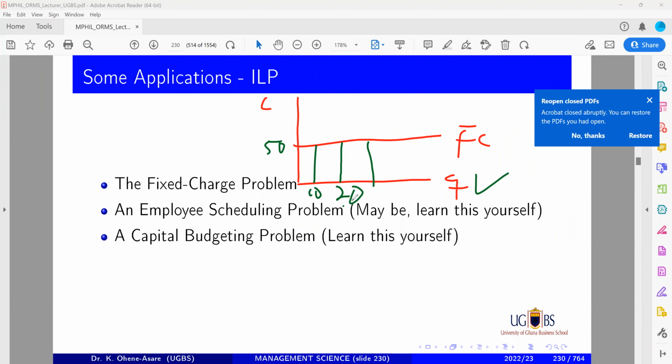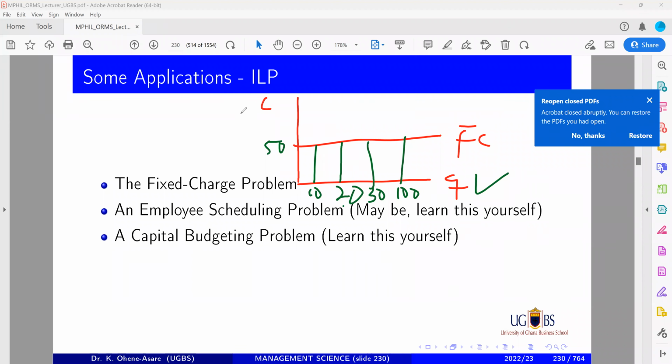If I produce 30, I will incur the same fixed cost of 50. If I produce 100, I will incur the same fixed cost. Why? Because that cost is independent of the level of production. That cost is already borne. And I'll give you practical examples very soon.